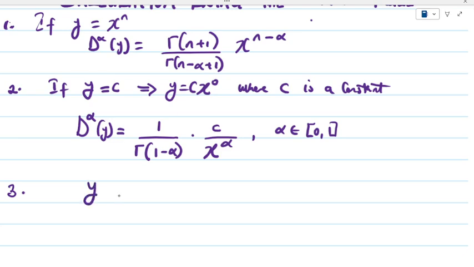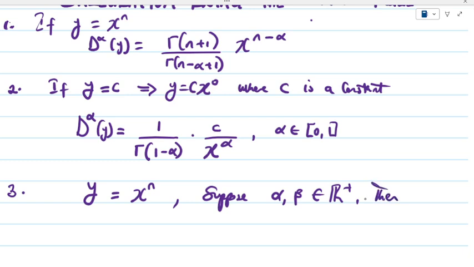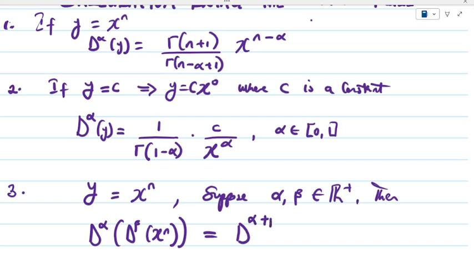If we have y equal to x^n, and suppose alpha, beta belong to the positive real numbers, then we can have D^alpha of D^beta of x^n is equal to the fractional derivative D^(alpha plus beta) of x^n. Then we are solved.